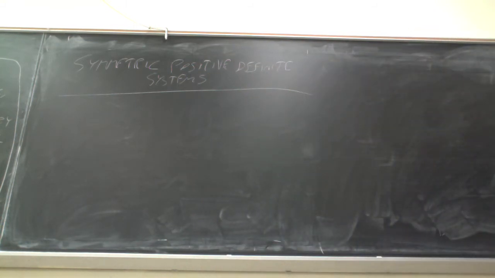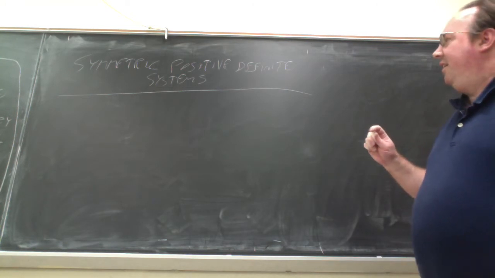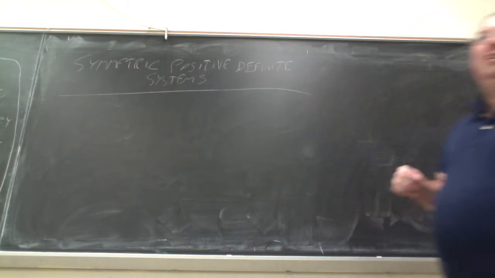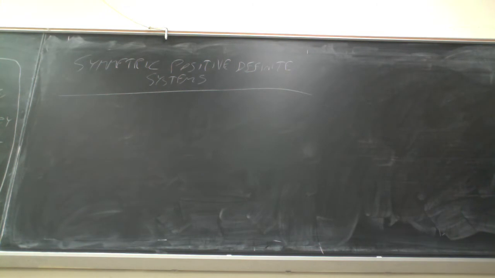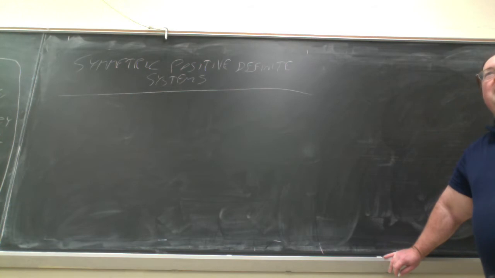Now, let's see. So, the idea is, you take something as ordinary and innocuous as a positive number, and now we want to generalize the overly simple concept of a positive number to a matrix, like the notion of a matrix being positive.